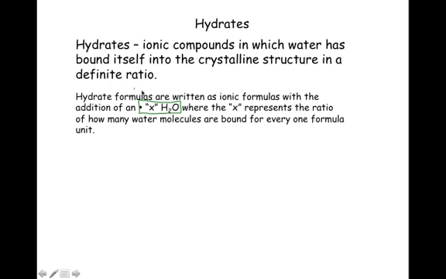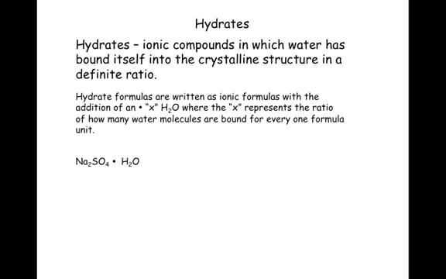So how many in this ratio, how many waters, that's what that X is for. And the dot is just a connector between the compound and the water to say that these are together, not separate. All right, so let's do some naming of hydrates and writing formulas of hydrates.